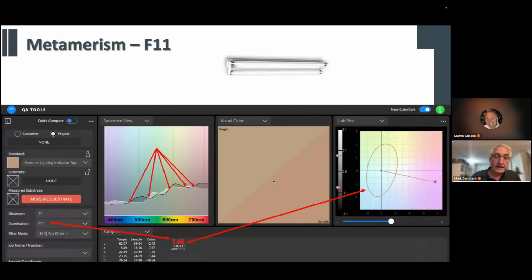Okay. So what's critical here, the press operator can't change the spectral curve. They can only work with the ink that they're given. The ink technicians need to work with the spectral data to try to match the pigments they're working with to the spectral curve of the standard.